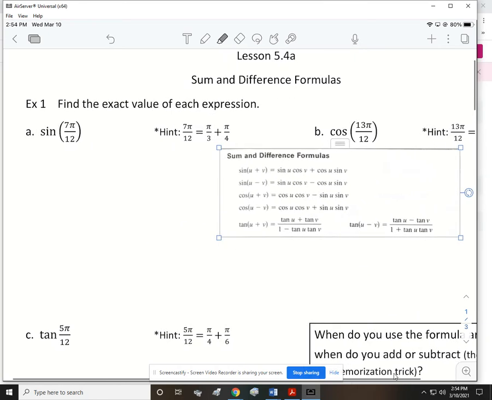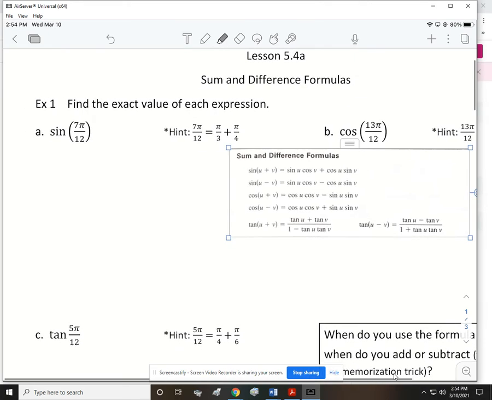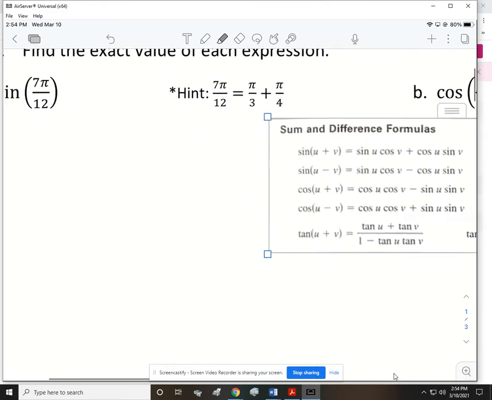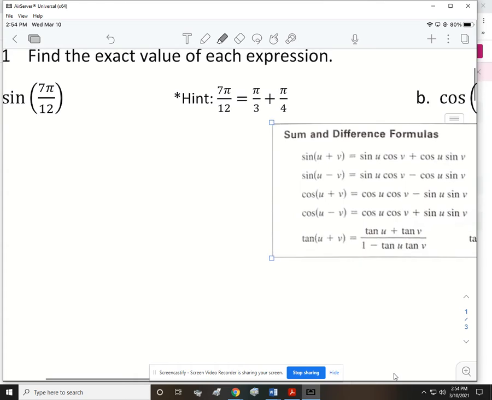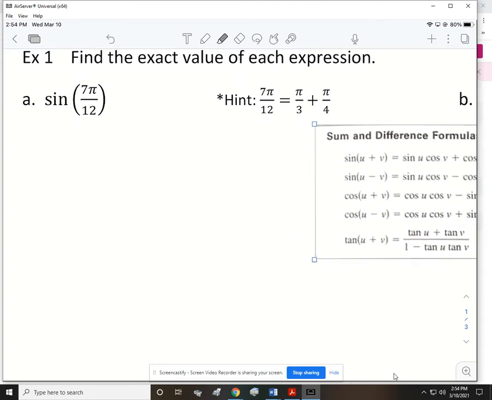All right, so for these sum and difference formulas, we use those when we have the sine, cosine, tangent of the sum of two angles or the difference of two angles. So on example 1a, we want to find the sine of 7 pi over 12. Now, when you have 12 in the denominator, it's not one of those special angles that you can do the hand trick with.